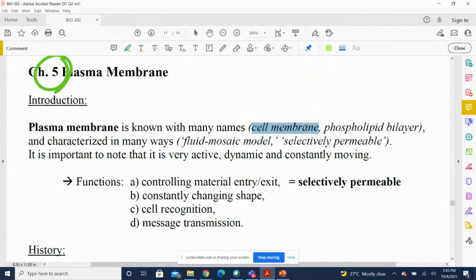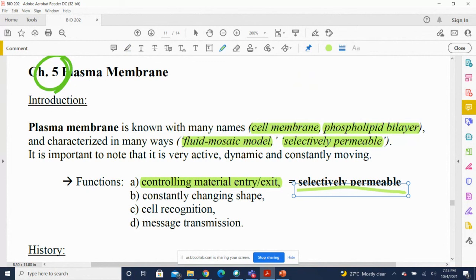So you remember there were many names that we can use when we discuss these structures. And these names really were indicative of the fact that they serve so many different purposes. They're so important for us. Probably the most important function of the plasma membranes is that they're selectively permeable, so they choose certain materials to be able to enter and certain materials not to be able to enter through them, or exit, or not to be able to exit.